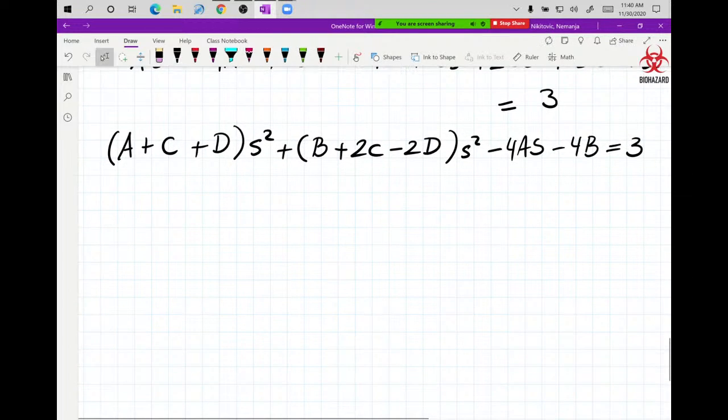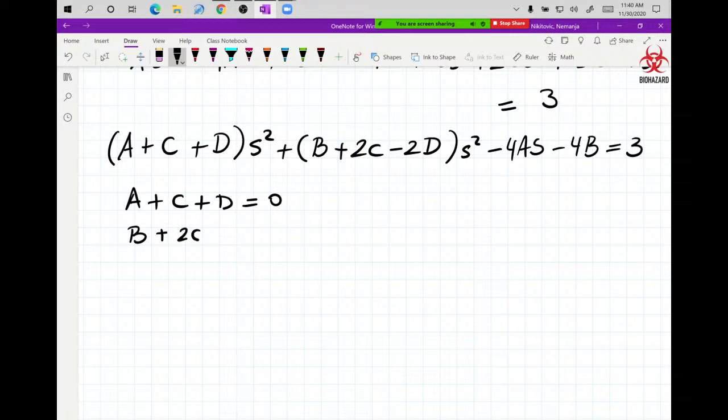That's really easy. A plus C plus D equals 0. B plus 2C minus 2D equals 0. And negative 4A equals 0. Guys, this is for s cubed, this is for s squared, this is for s.